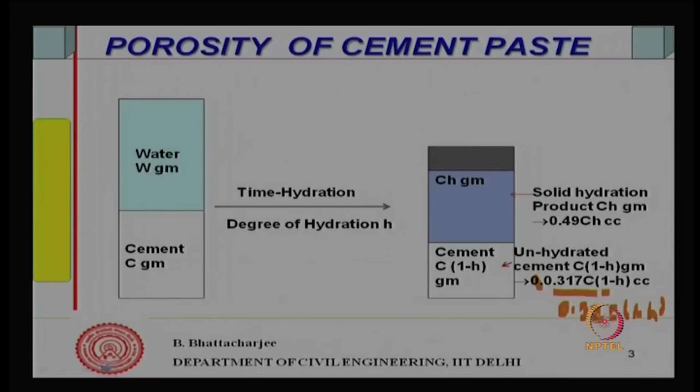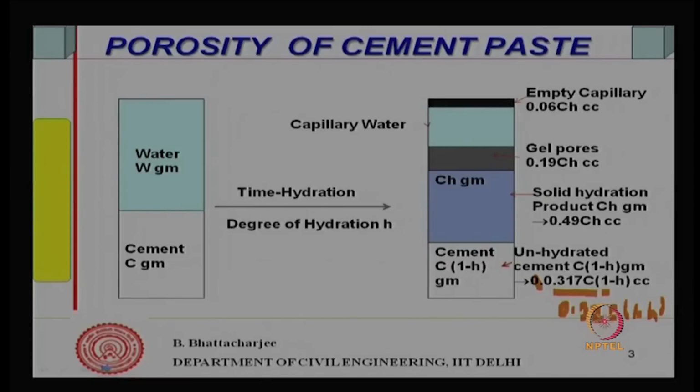And the corresponding gel pores are 0.19 CH cc. We have derived all this in the last class. This is the space that remains unoccupied and will remain as capillary water, and this portion is empty capillaries, which we have also calculated as 0.06 CH cc.